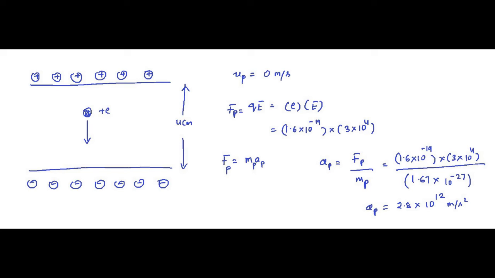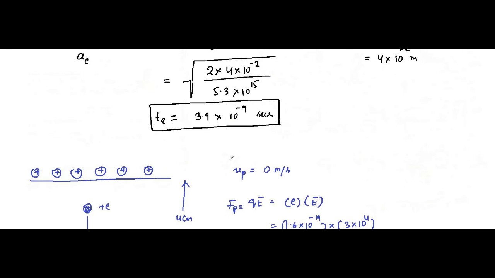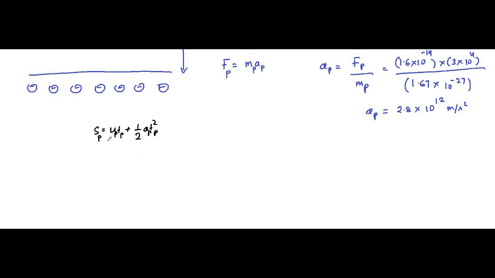Again, using the basic equation of kinematics, S is equal to ut plus half at square. So Sp here, the distance traveled by the proton, will be up Tp plus half ap Tp whole square. Up is equal to 0, initial velocity is 0 because it was initially at rest. So this term will become 0 and Tp will simply be root over 2 Sp by ap. Same equation we have used.